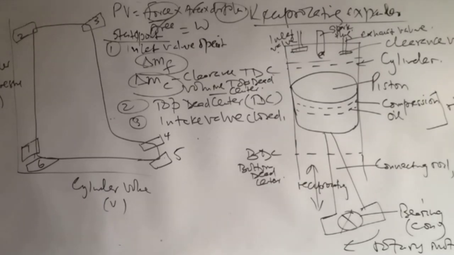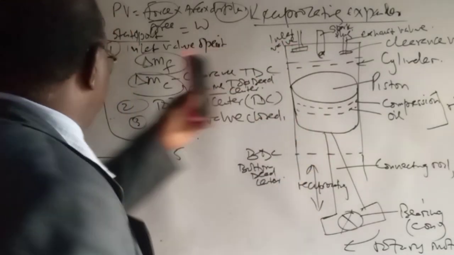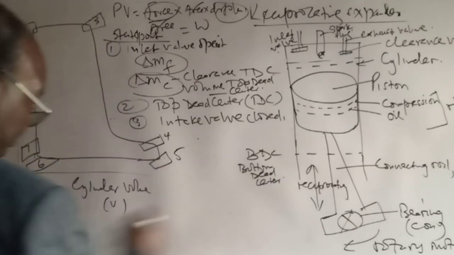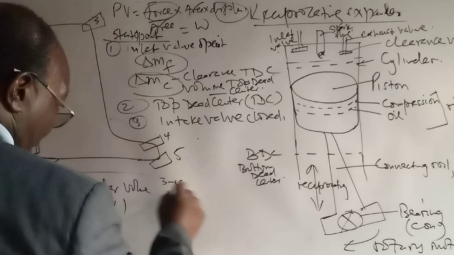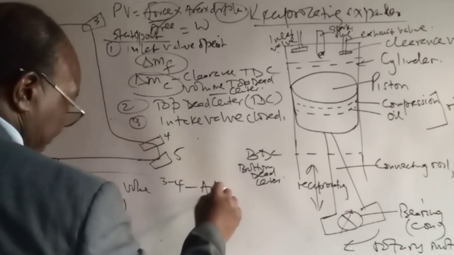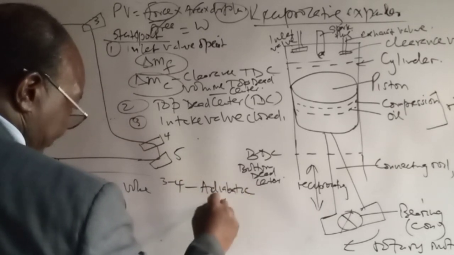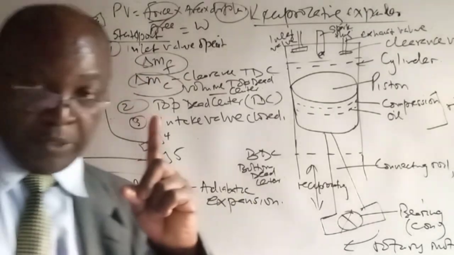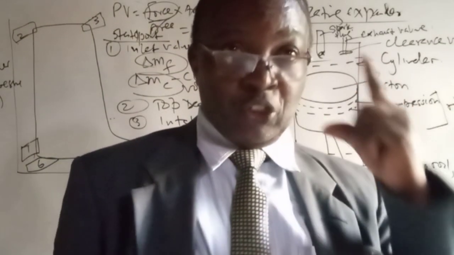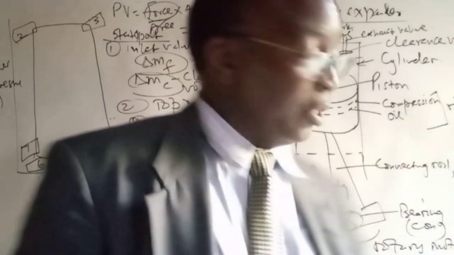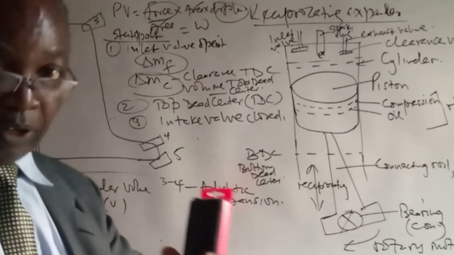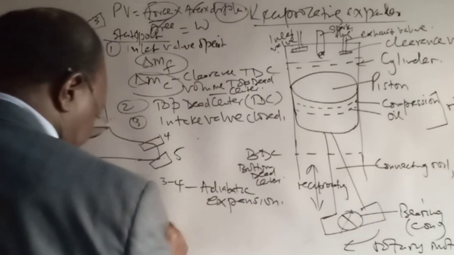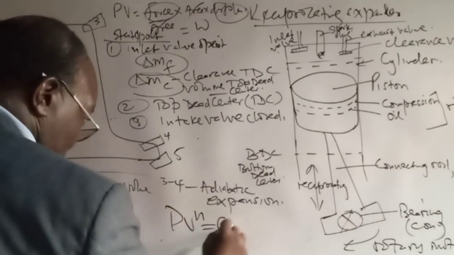Then the huge process starts taking place. That is, between 3 and 4, we have the adiabatic expansion. And remember, we are assuming that this system is reversible and obeys the polytropic process equation, which we did in our discussions on polytropic processes, where we say that PV^n is equal to a constant.